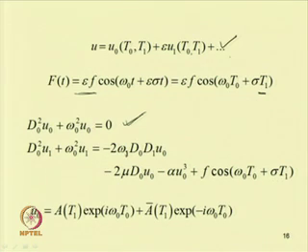And then, for the equation D 0 square u 0 plus omega 0 square u 0 equal to 0, the solution becomes a, where the constant should not be a function of T 0. So, this is a function of T 1.